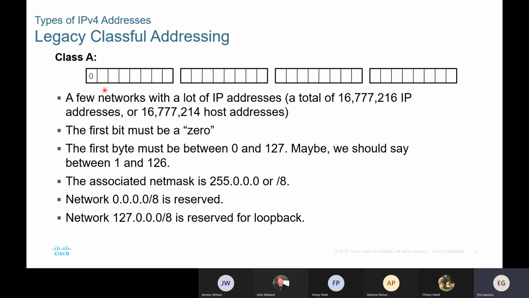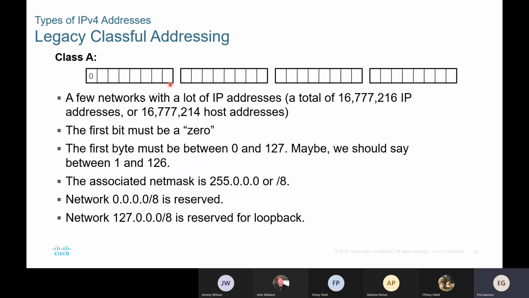It can be 0 or it can be 1. With this bit, we have another 2 possibilities. With this bit, we have another 2 possibilities. And we have another 2 possibilities 7 times. So 2 times 2 times 2 times 2 times 2 times 2 times 2, 7 times, is 2 to the power of 7. So we can make 128 different networks of class A.